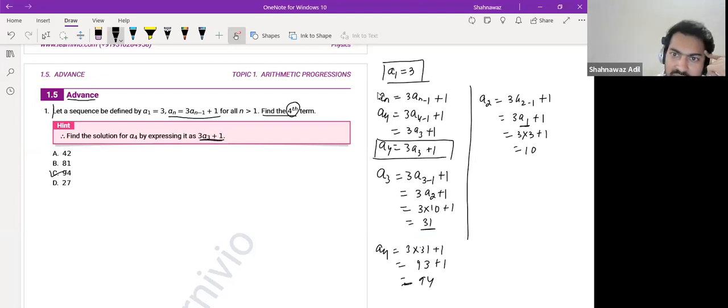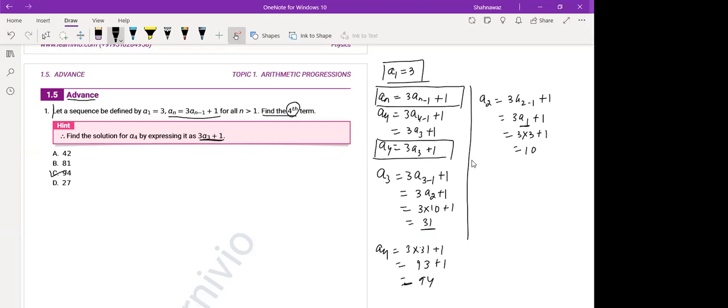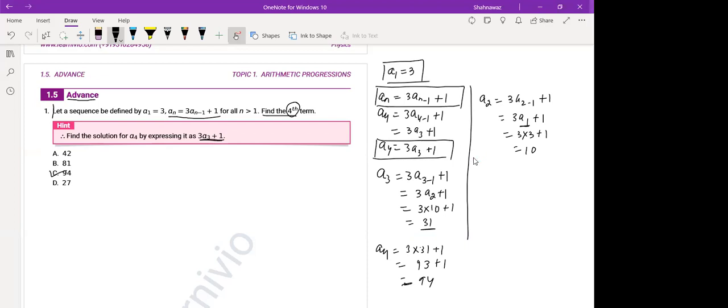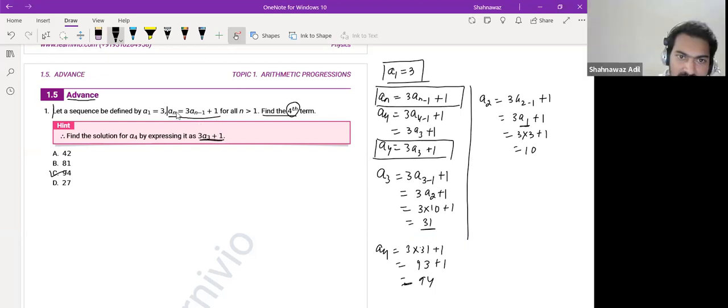Understood. Any doubt in this question, Shaima? No, sir. Rizwan, any doubt? No, sir. Talha, you just joined, right? So this was the question that we had to calculate. The nth term is given, and we have to find the fourth term.